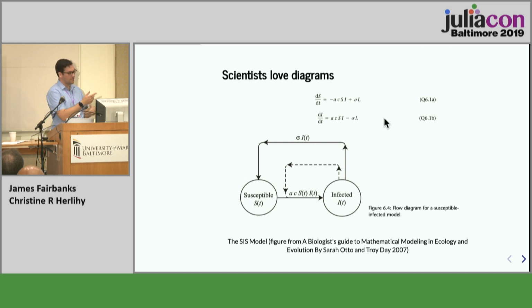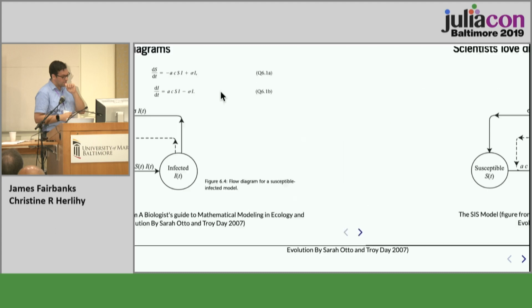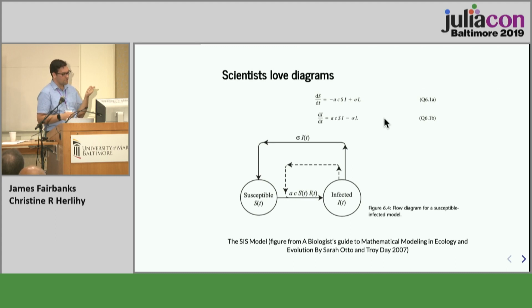And then you can go back and kind of get over the disease and become susceptible again, like the common cold. And this diagram has a formal syntax for how to make these diagrams. And then you can attach to them a mathematical formula that describes the dynamics of the system. And there's a one-to-one correspondence between these diagrams and these formulas.